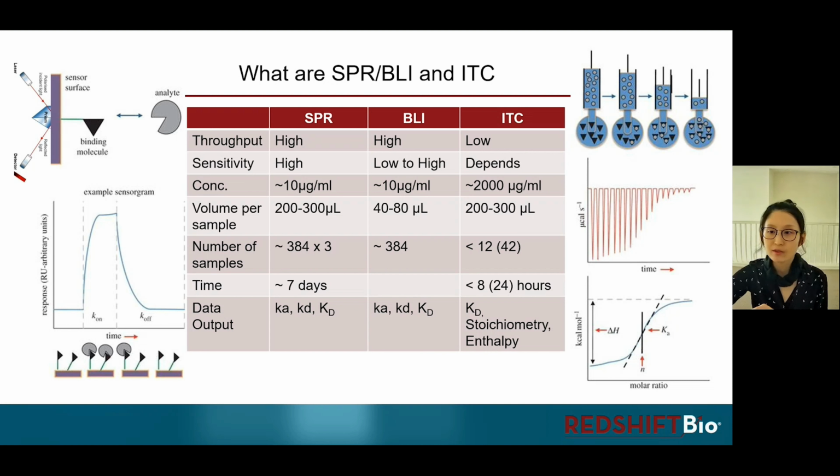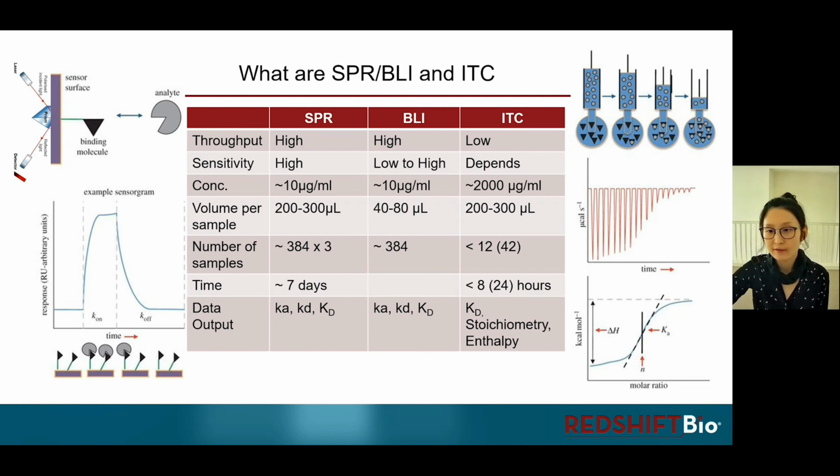The number of samples you can run in a single setup on SPR and BLI are hundreds, if not thousands, and it can be scheduled to run for days. ITC, on the other hand, although it has been improved in recent years, is still a really low throughput technology compared to SPR and BLI.